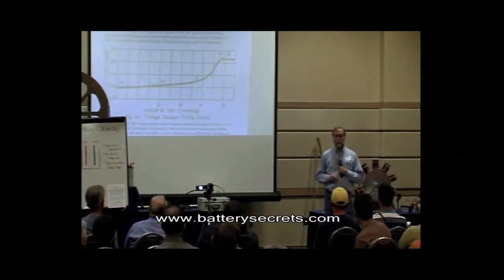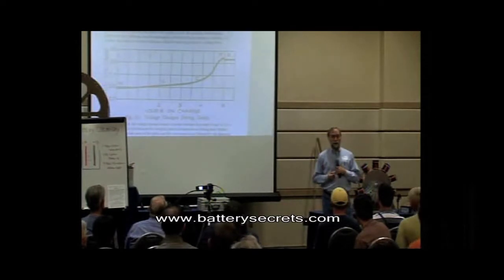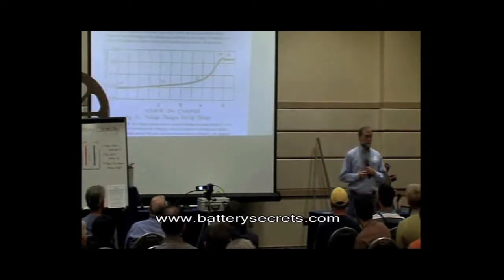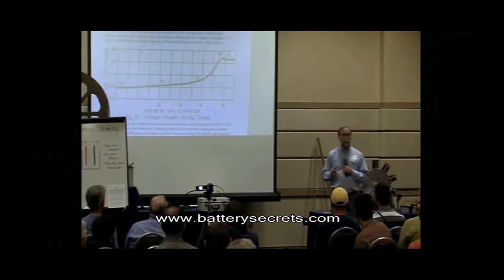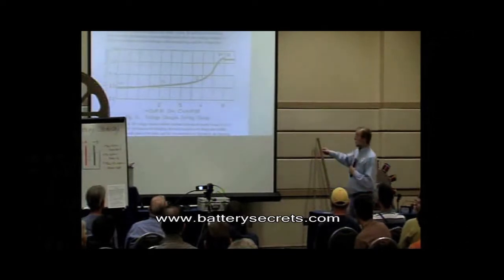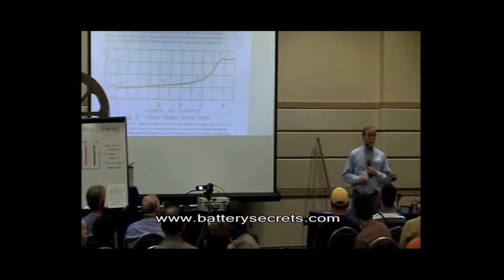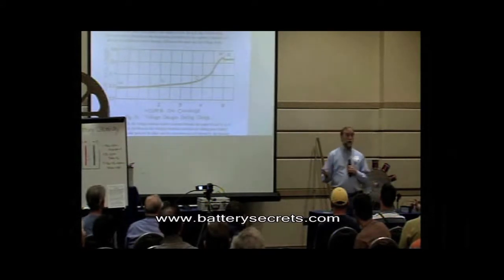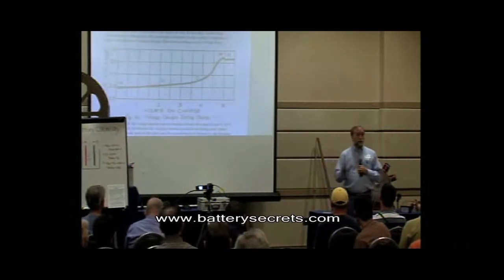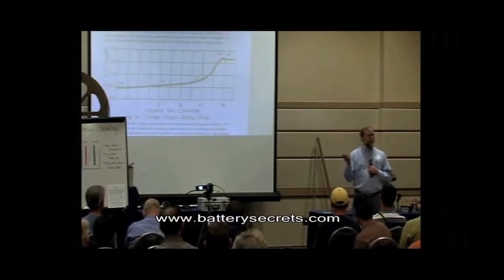And what that means is that the impedance of the battery is dropping, which means that the resistance in the electrolyte is dropping, which is good. And it also means that it's more difficult for the potential difference on the plates to maintain the voltage.